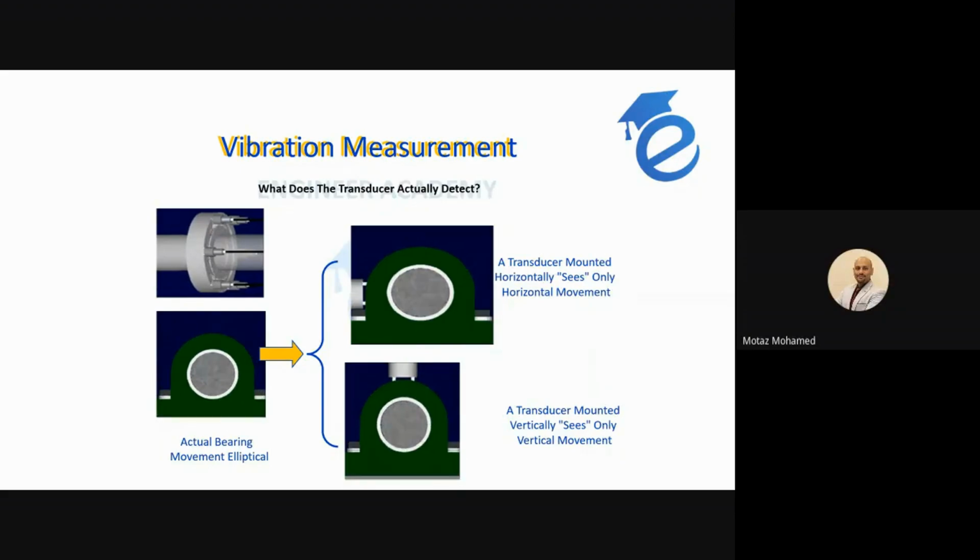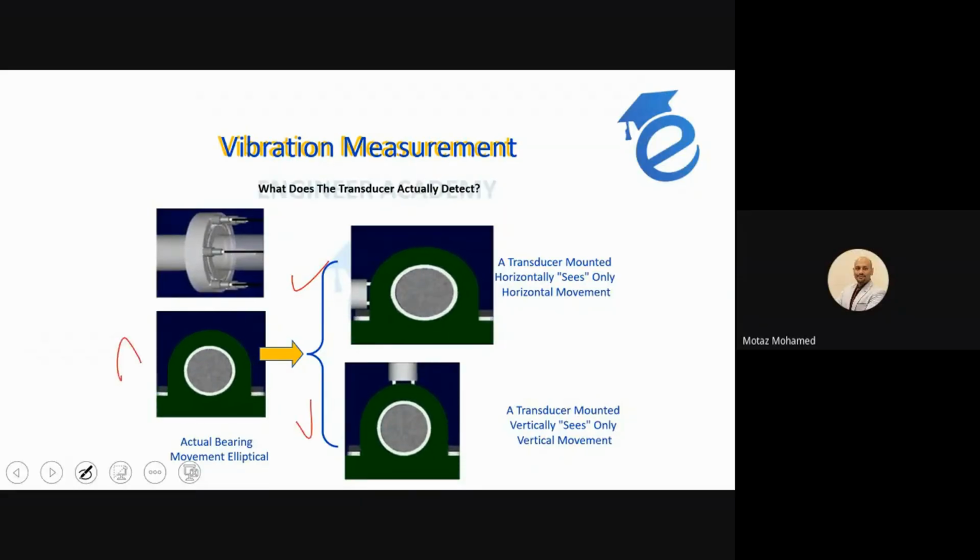Normally we take 3 directions: horizontal, vertical, and axial, to visualize how this machine is vibrating. Because I told you before, we have 3 degrees of freedom. That's why when you measure 3 directions, you visualize exactly how this machine is vibrating, and according to this, you can detect or analyze the defect.